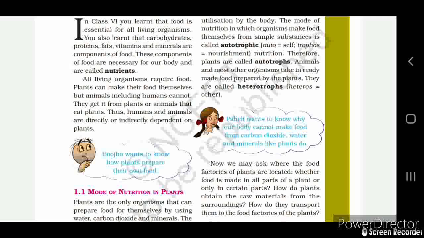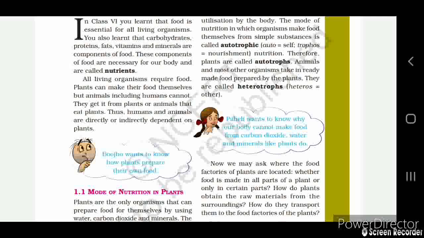So all living organisms require food for living. Plants can make their food themselves through photosynthesis, but animals, including humans, cannot.